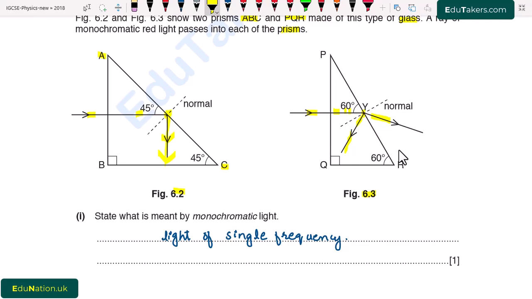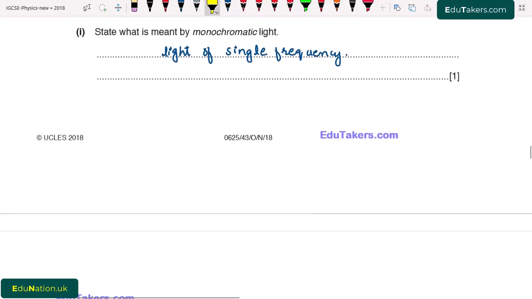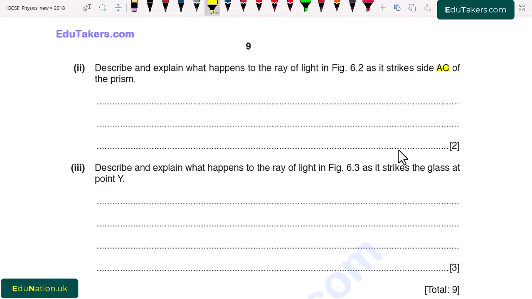I write here: total internal reflection at face AC, and there will be no refraction.